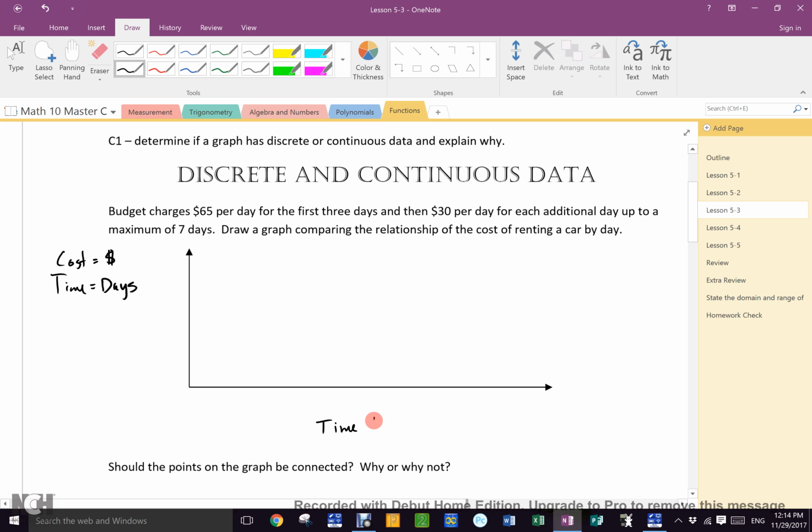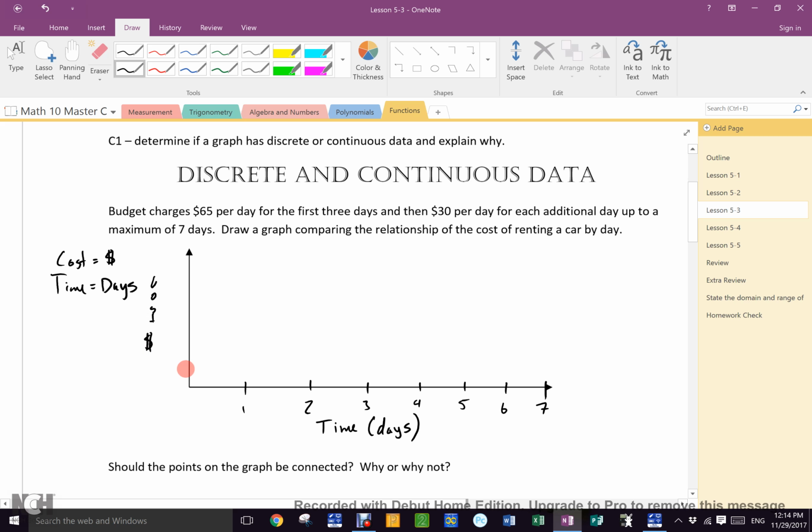How many days do I need in order to graph this relation? 7. 1, 2, 3, 4, 5, 6, 7. Is everyone cool? Okay. What is our cost measured in? Dollars. So now I need a scale up here.